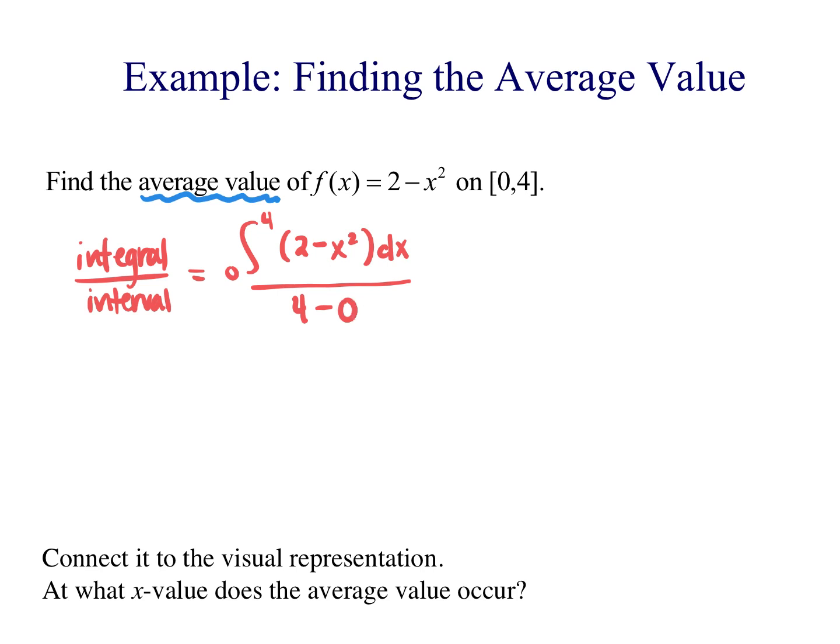So now we're going to do the math. We do it by calculating the antiderivative. So the antiderivative of 2 is what? 2x. The antiderivative of x squared is x to the third, divided by 3, plus the number c, from 0 to 4. And I'm still over the interval of 4 minus 0, which is 4.